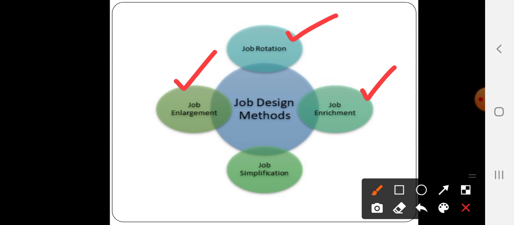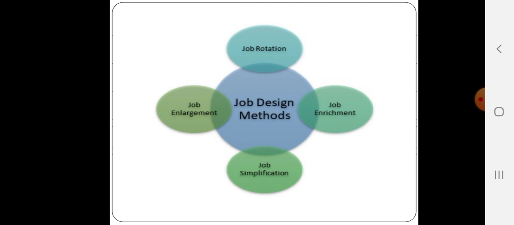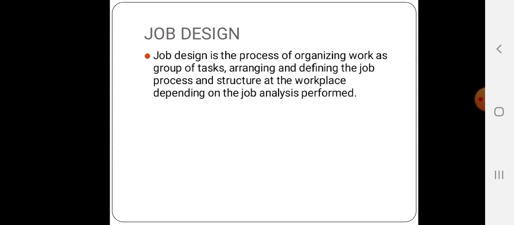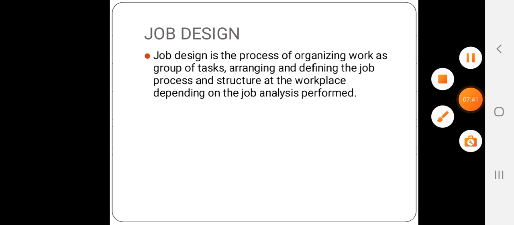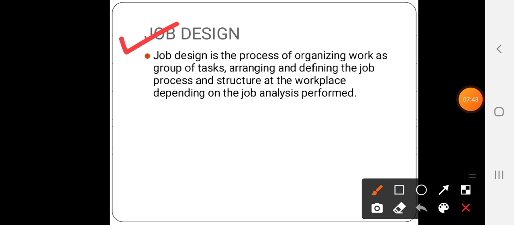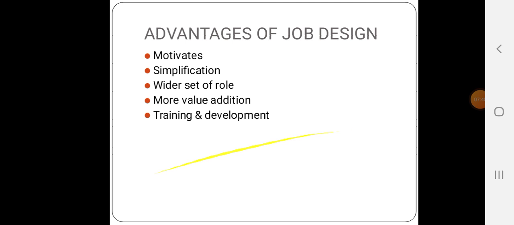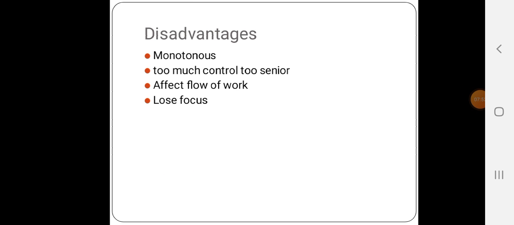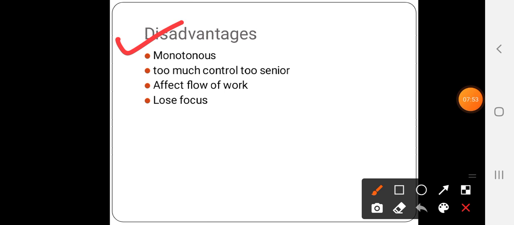You may get a question in the examination, such as what is job specification, what is job enrichment, what is job rotation, enlargement. This kind of question you may get in the examination, so make sure you understand it. This is enough for today's class. Let me briefly recap. We have discussed what is job design, the different advantages of job design, and the disadvantages of job design.